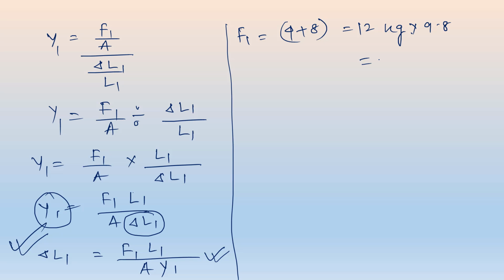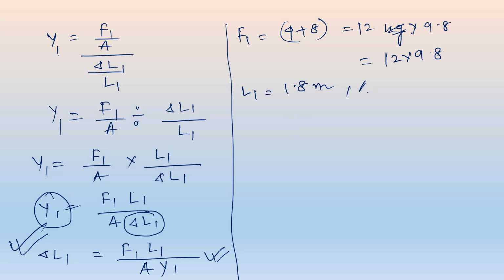You just omit the kg word, because you just have to multiply that 12 with 9.8. So F1 will be equal to 12 into 9.8. In this case, what is the value of L1? That is 1.8 meter, that is given.